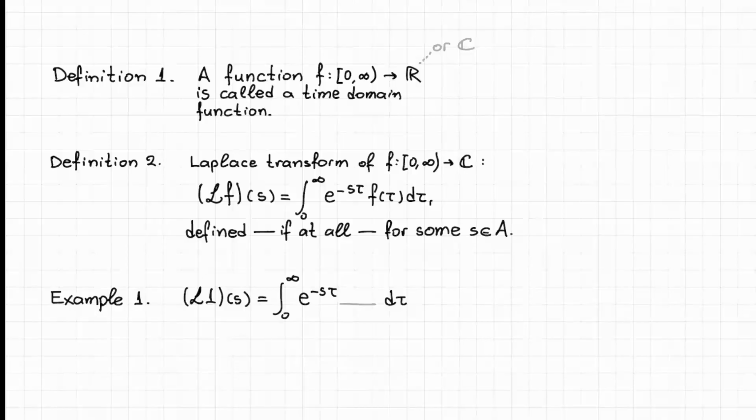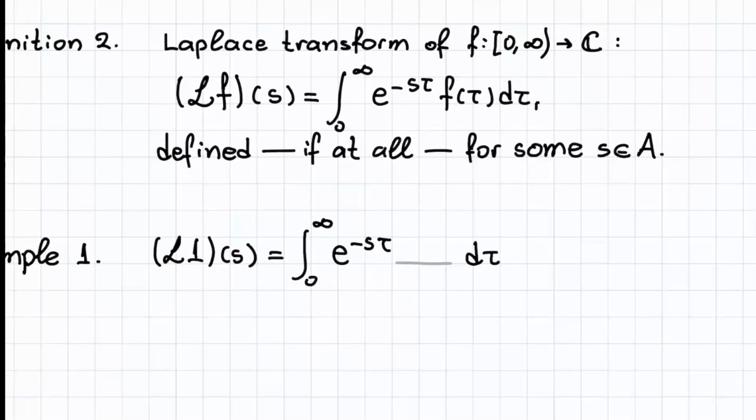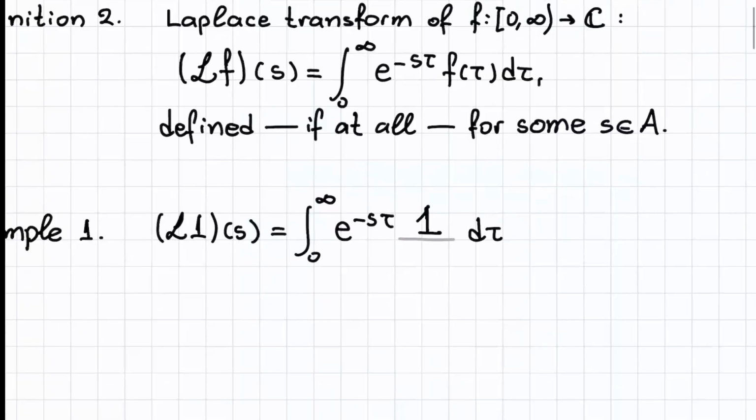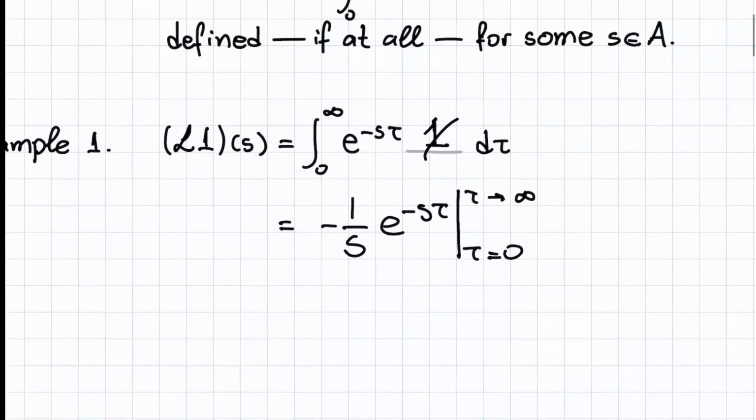Here's an example for us to understand how this works. Let's try to determine the Laplace of 1, the Laplace of the constant function 1. So using the definition over here, you put e to the minus s tau times 1, which is minus 1 over s, e to the minus s tau, and tau goes from 0 to infinity.